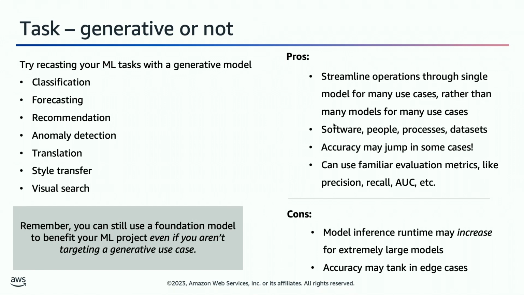Some benefits from using a foundation model, again, is just streamlining operations. Like when you have all of your pipelines, all of your data sets, all of your team resources and human brain power focused on making this one foundation model spectacular. In many cases, it's just more efficient.